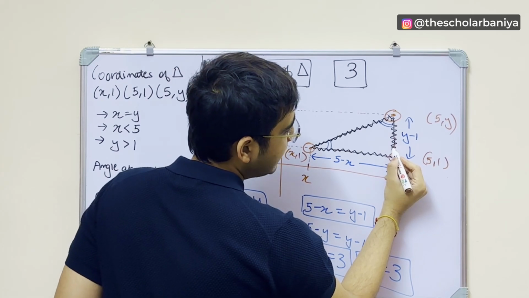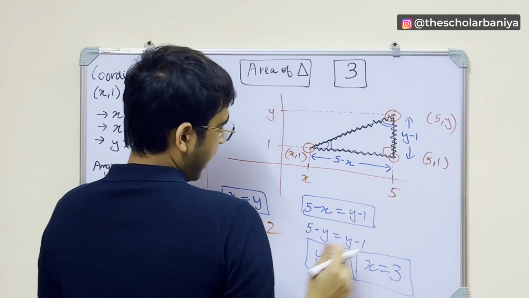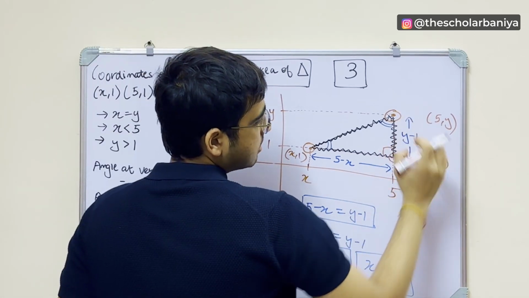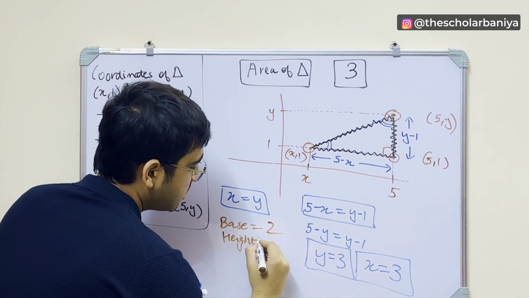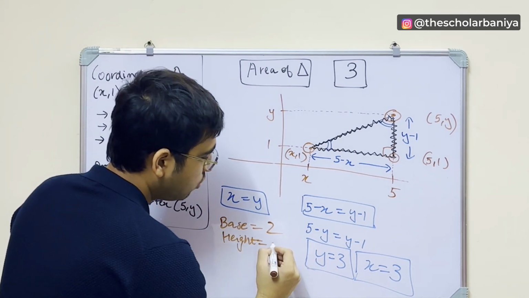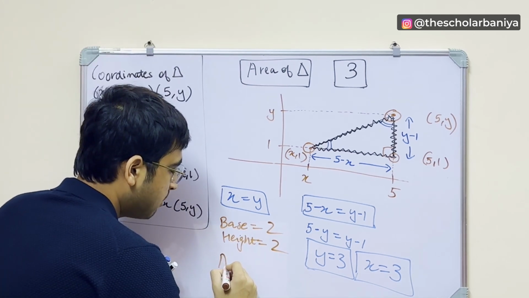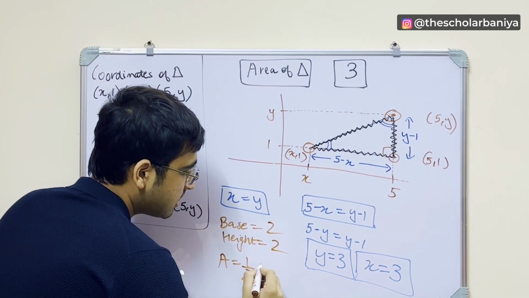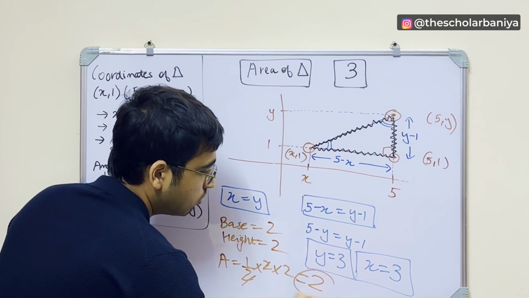And what is the height? And remember, this is 90 degrees, right? Because this is a straight line. Okay. And what is the height? The height is this, which is y minus 1. So height becomes y minus 1, which is 3 minus 1, which is 2. So the base is 2, the height is 2. So the area becomes half into base into height, which is half into 2 into 2, which is 2.